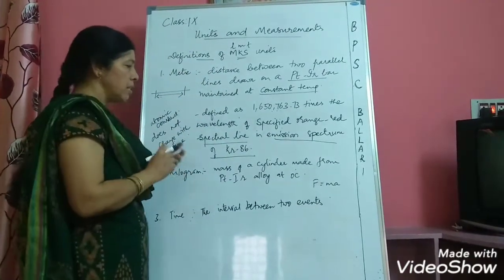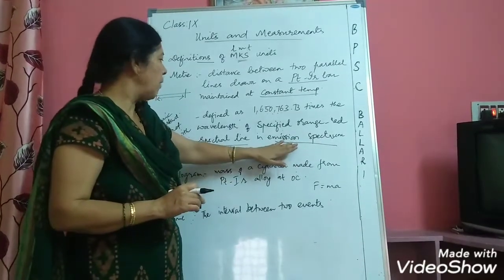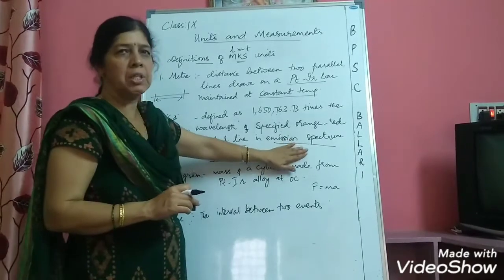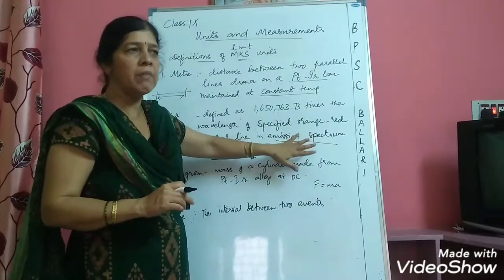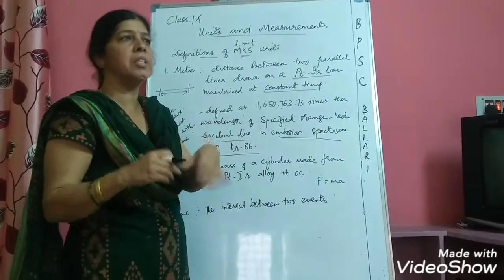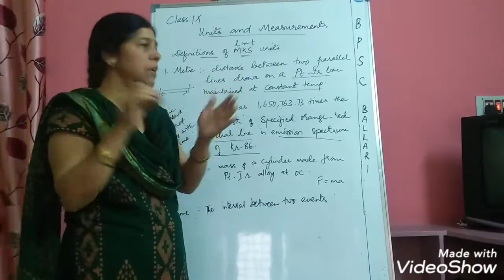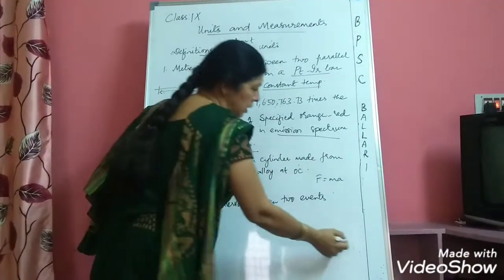Usually, you can subject any atom to emission, and when that atom is subjected to emission, the electrons are given some energy. Those electrons which are in the lower energy levels jump to higher energy levels. Those electrons cannot stay in the higher energy levels, they have to come down to the lower energy levels.